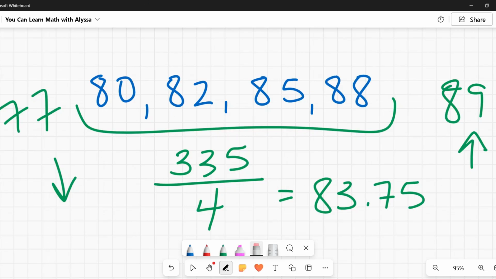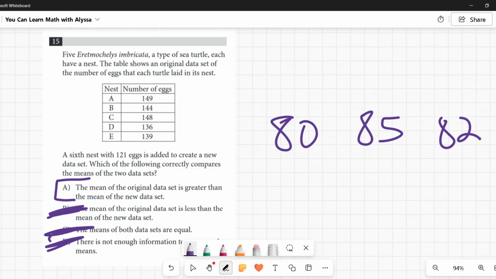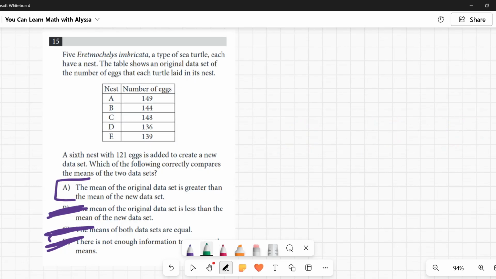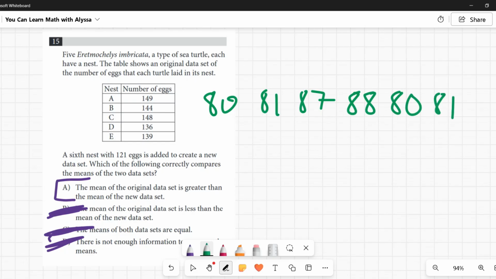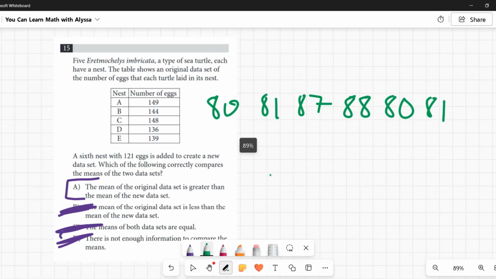Okay, back to the SAT problem. In this case, I can tell you from my experience, it's going to go down a little bit, but especially when you get a long string of data points, it's harder to tell. Say I had 7 or 8 tests, an 80, an 81, an 87, an 88, an 81, and an 80, so all these tests are in the 80s.